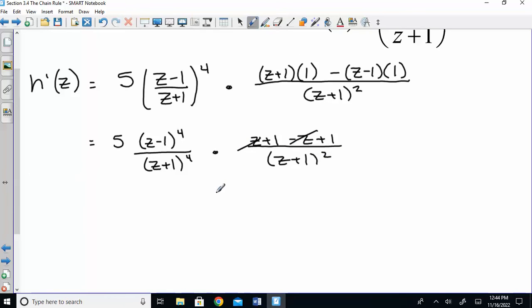So my z's cancel here. 1 plus 1 is 2. If I'm multiplying, could I go ahead and take my 5 times my 2? So on the top we have a 10 times z minus 1 to the 4th. On the bottom, z plus 1 to the 4th times z plus 1 squared becomes z plus 1 to the 6th.